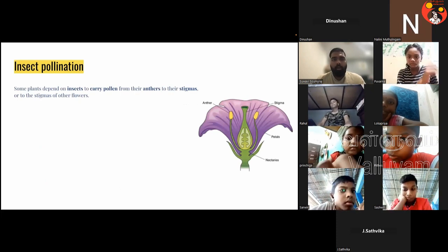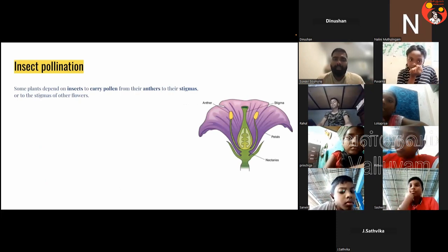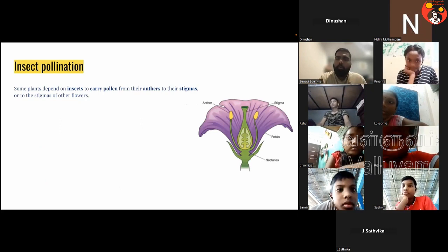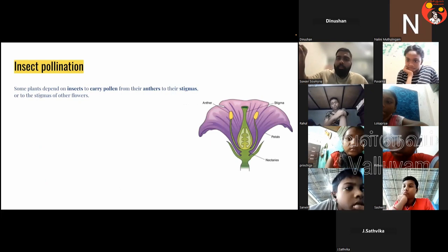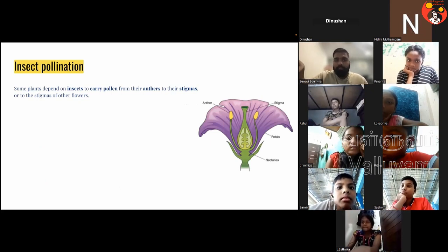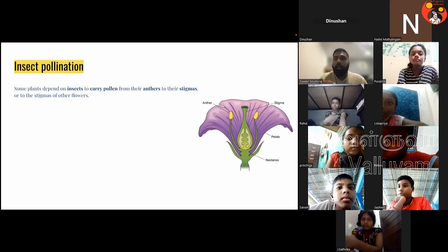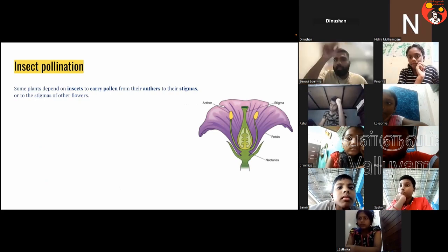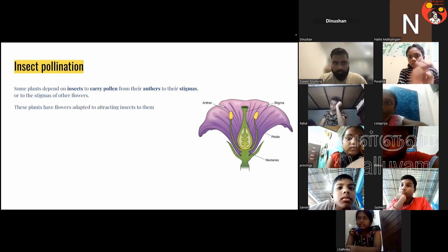Some plants in the world basically depend on insects to carry the pollen that's produced from their anthers and move them across to other flowers' stigmas, right? Or even within their own flower, it relies on the insect to move the pollen off the anther and into the stigma.